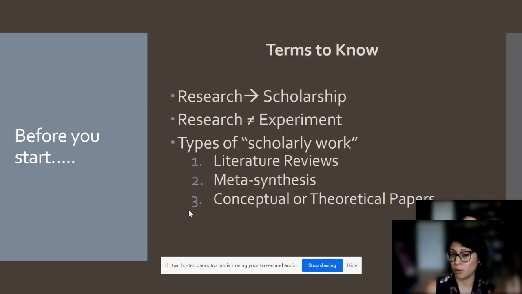If the researcher is a good writer, sometimes they use metaphors to really bring into focus some aspect of development or of family life or of therapy and counseling that they're trying to highlight. But a conceptual or a theoretical paper is not empirical because it does not report on the findings of a study.